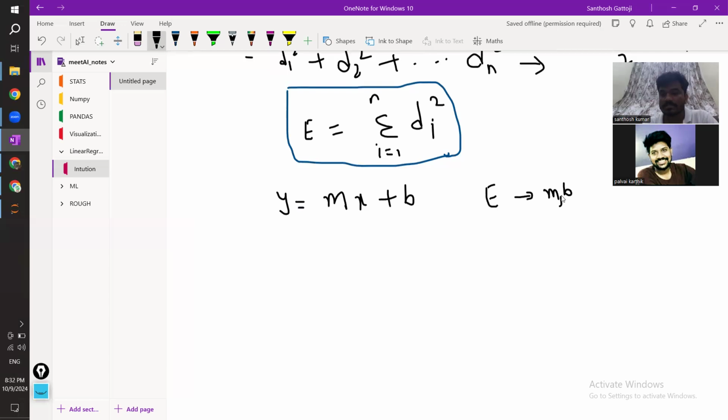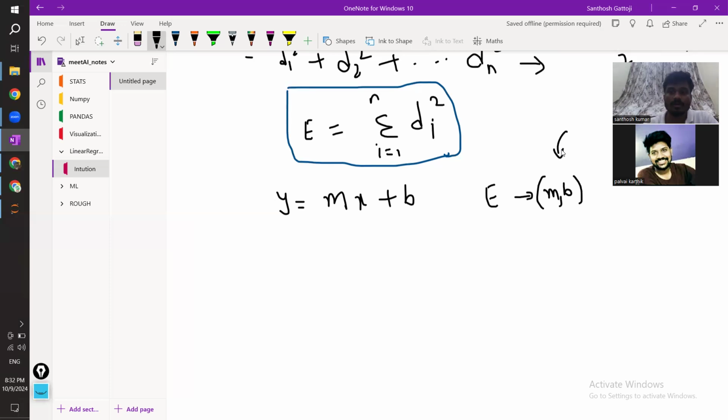Why? Because if you change m, you will get a new line, and that will have an impact on error. Every time you change b, that will also create a new line, and every new line will have different distances. If you add all those, you will get a different new value of E. So your error is fundamentally dependent on two things, m and b. Is this clear?